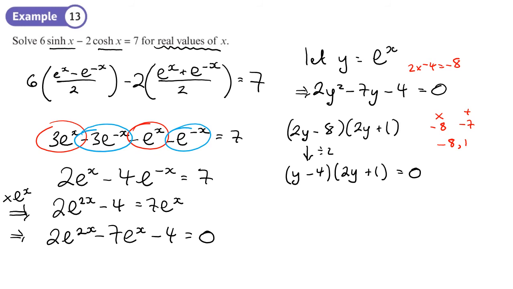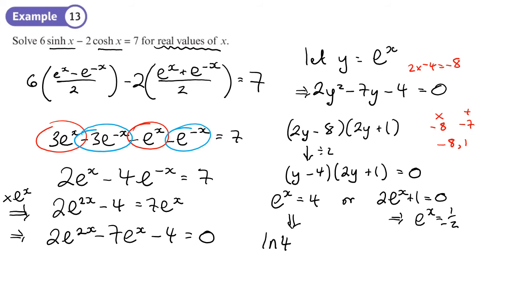So that means that since I've made y e to the x, e to the x either equals 4 or I've got 2e to the x plus 1 equals 0, which means that e to the x equals minus a half. So to find my solutions, I need to do the log of both sides. So from here, I'll have log of 4 will give me x, so that's one solution.